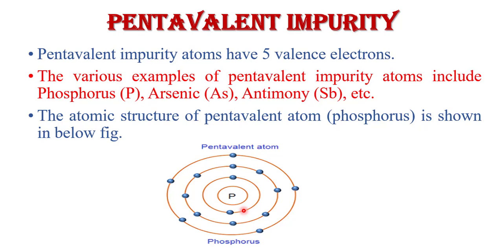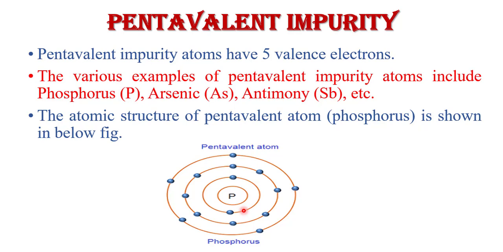Phosphorus is a substance consisting of atoms which all have the same number of protons. The atomic number of phosphorus is 15, that is, it has 15 protons. The number of protons in the nucleus of an atom is called the atomic number.